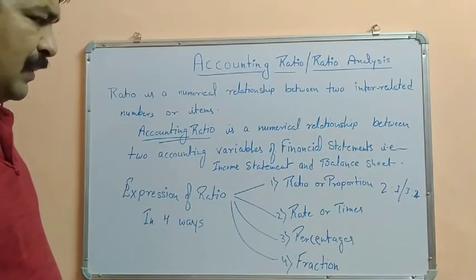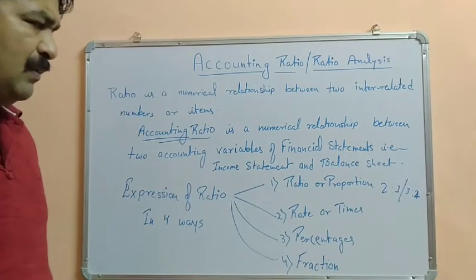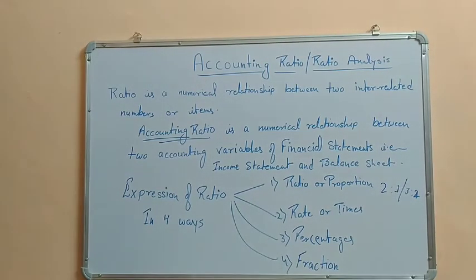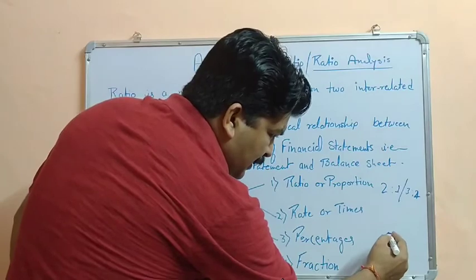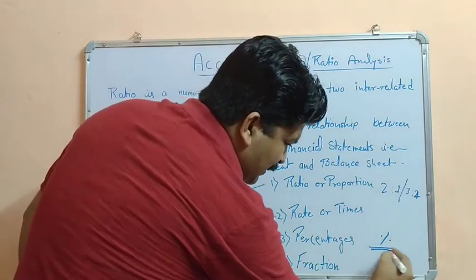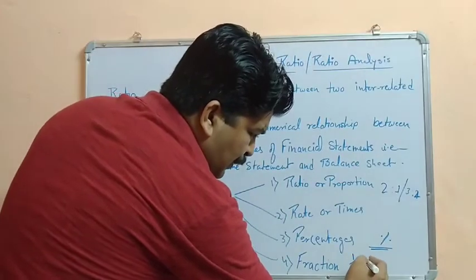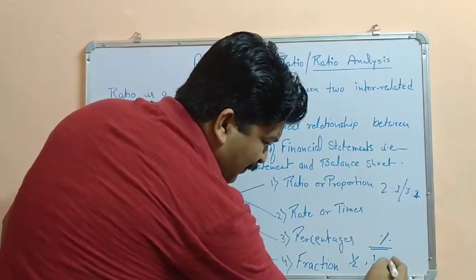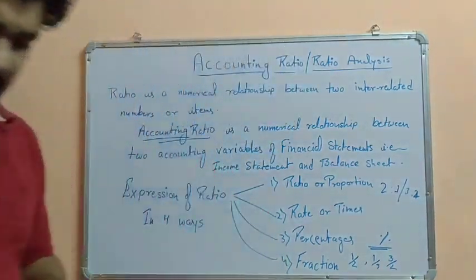There are a number of figures which are shown in times, like 2 times greater, 3 times. Percentage is shown out of 100, with the percentage mark. Fraction, like 1 by 2, 1 by 3, 3 by 2, you can express like this.